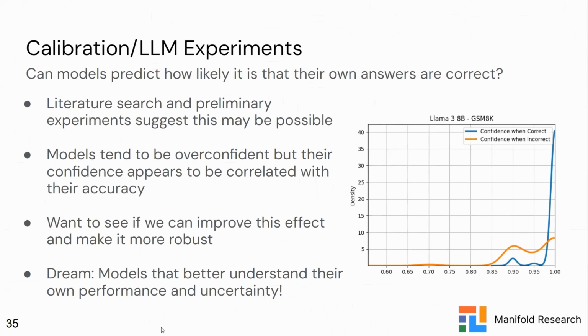Initial experiments have been on fairly simple datasets, and they have shown a signal, which mirrors what's been found in the literature. It's not a super strong signal, but it's there.